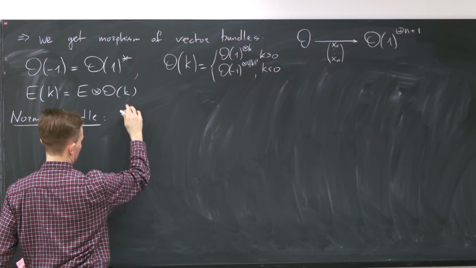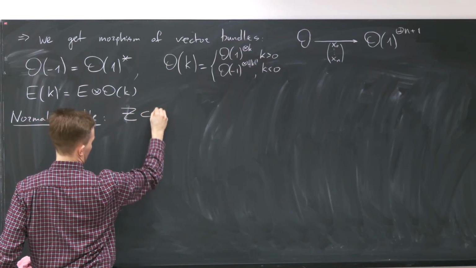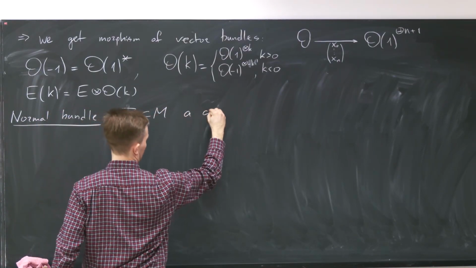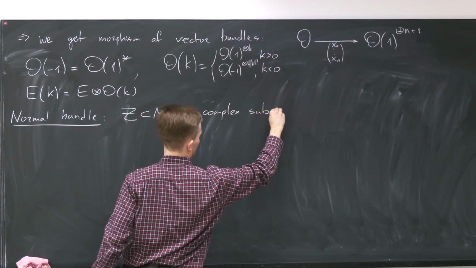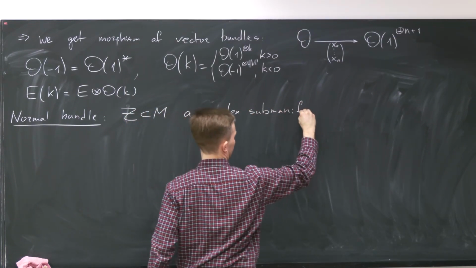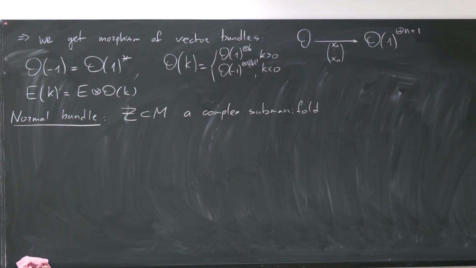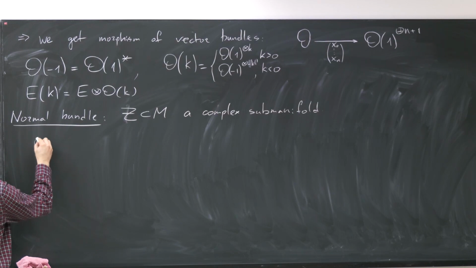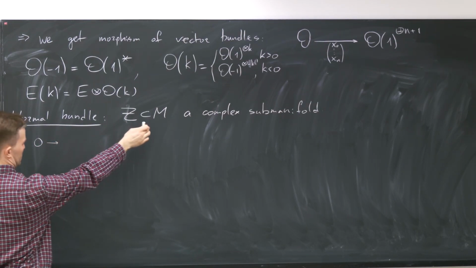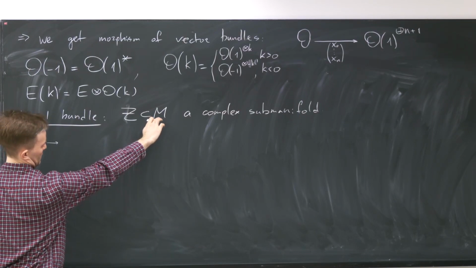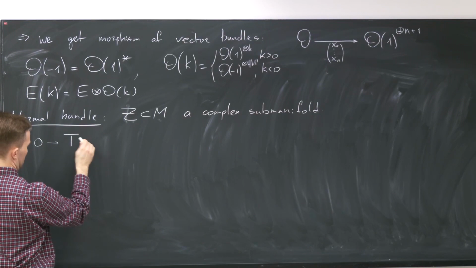Let's now talk a bit about the normal bundle of a submanifold. If we have a complex submanifold Z in M, we then have the following sequence. The normal bundle is defined as usual: we restrict the tangent bundle of M to Z, and it will contain the tangent bundle of Z as a subbundle.